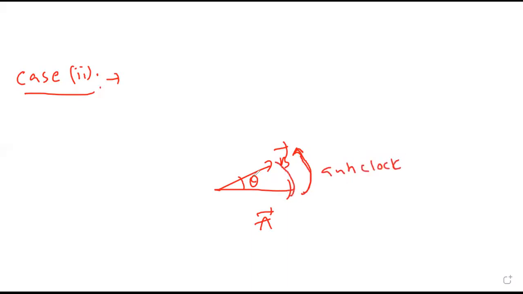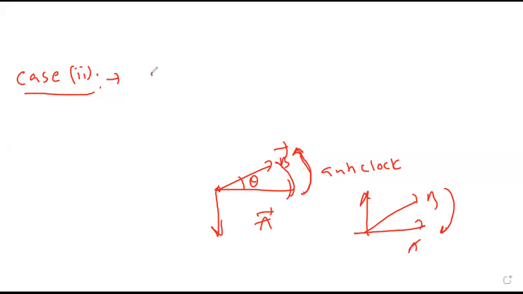From A to B it is anti-clockwise, so its resultant will come outward, perpendicular to both. But if you move from B to A, then the sense of rotation is clockwise, so it will move inward, perpendicular to both. This is the meaning of the right hand screw rule.